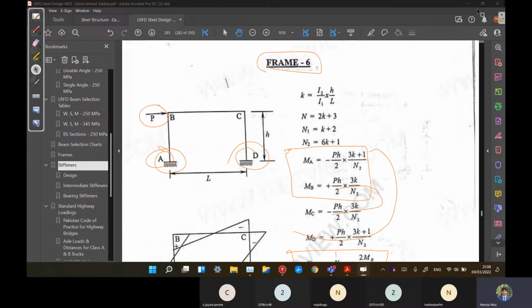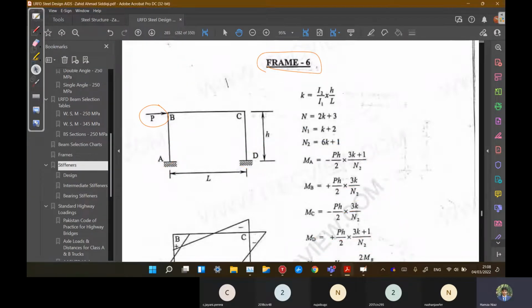For analysis, we just have to find these factors. K is equal to I2 over I1 times H over L. H is the column length, L is the beam length. I2 is the beam and I1 is the column moment of inertia. We know that I2 is 1.4 I and I1 is I, H is 6 meter, L is 8.5 meter.